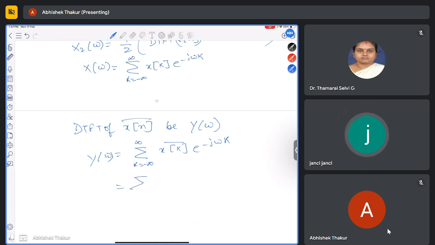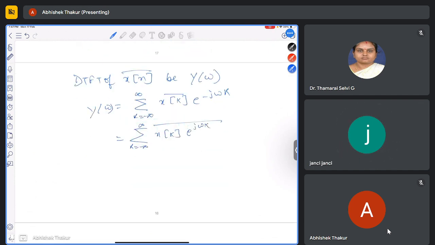So we can write it as x[k], and if you do the whole bar, then here it will change to e to the power of j omega k. So now this will become x[k] e to the power of, sorry, it is the same thing.